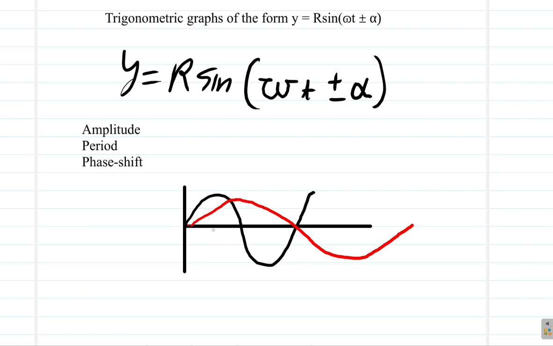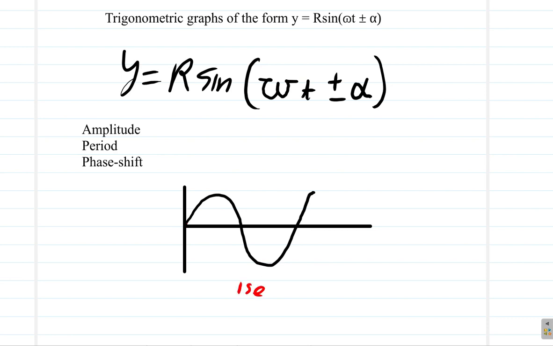So if the wave is passing and it takes, let me erase the red one. Say it takes 1 second from here to here, right? If the period is doubled, that means it will take 2 seconds for one cycle to be completed.